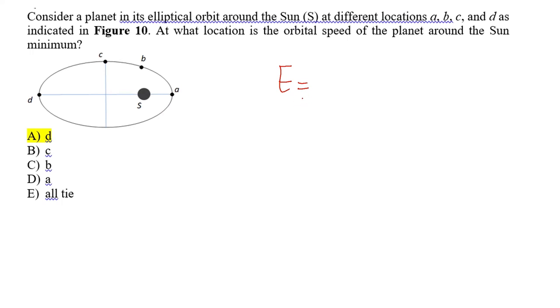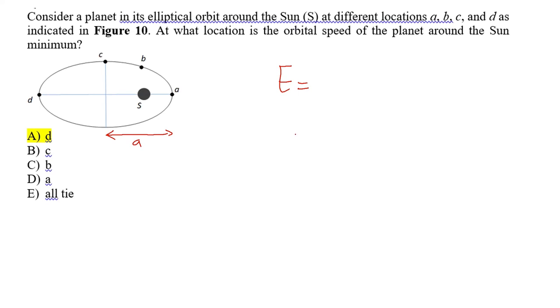Who can tell me what is the mechanical energy of an elliptical orbit that has a semi-major axis A? What is the mechanical energy of a planet which is going around in an elliptical orbit? Yeah, Omar.